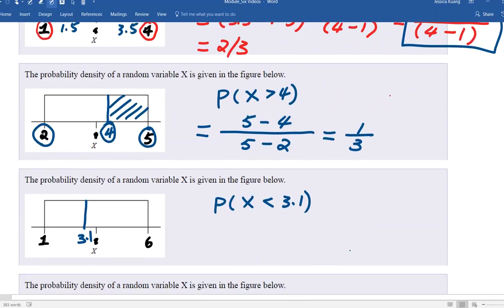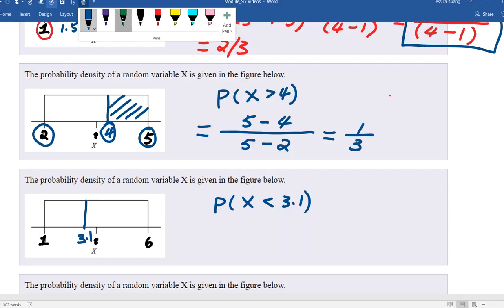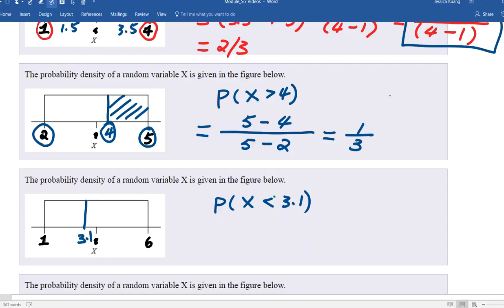Next example, we want to find the probability of x less than 3.1. Now in this case, we have to shade the appropriate area all by ourselves. Let's look at the inequality. Notice the inequality points to the left. So we will shade the left-hand side.